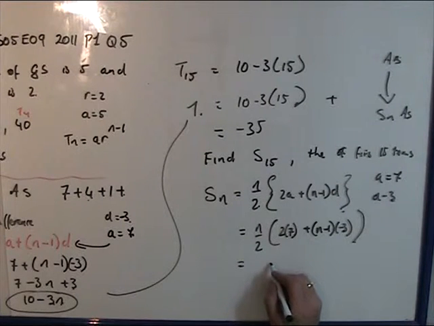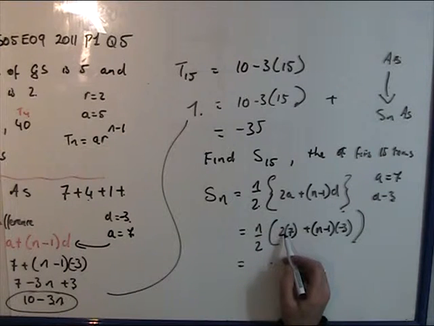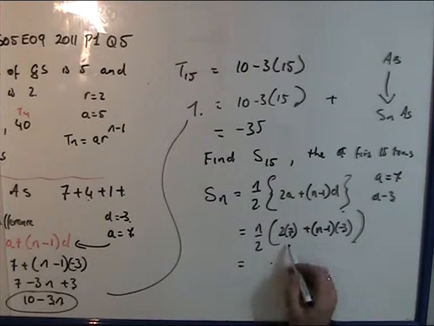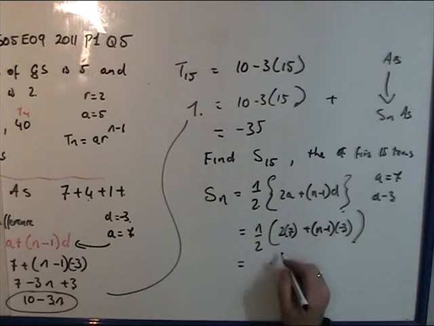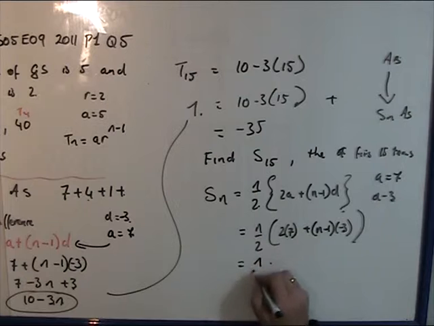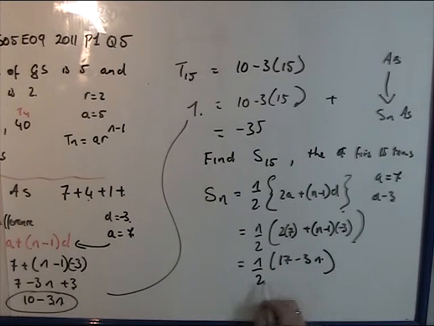Now I could multiply all this out. 2 into 14 goes 7 times, so you've got 14 and plus 3, giving 17 here. So it becomes n over 2 times 17 minus 3n, and that's your general formula.